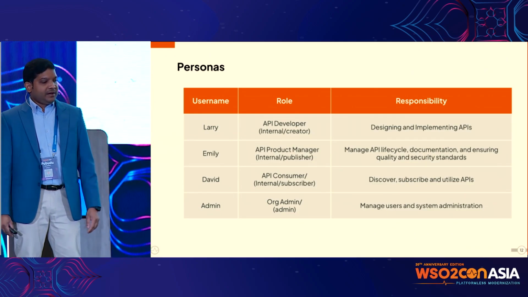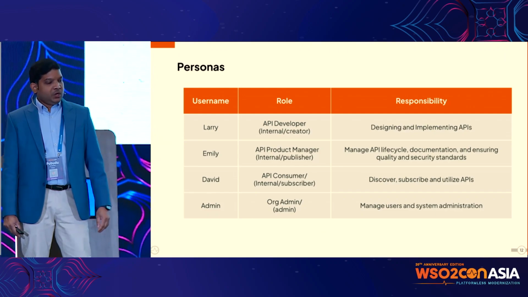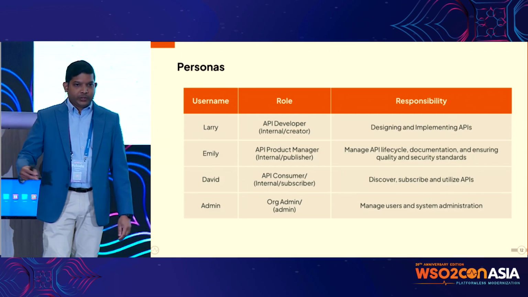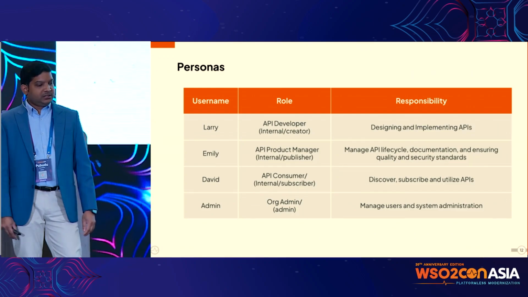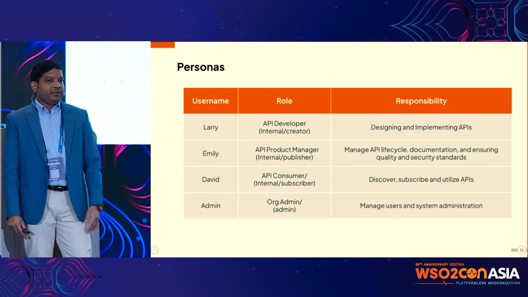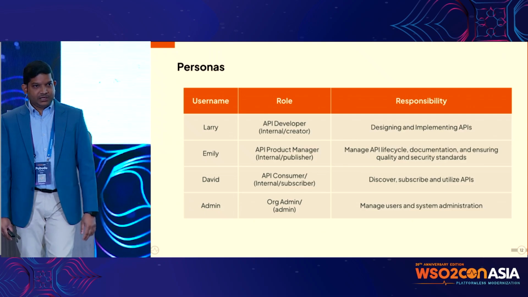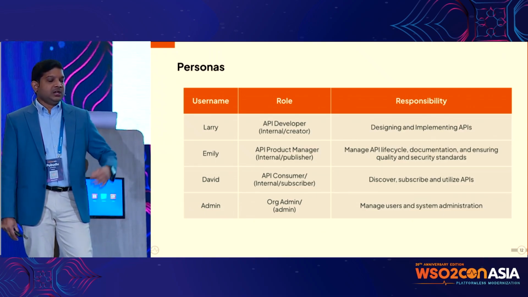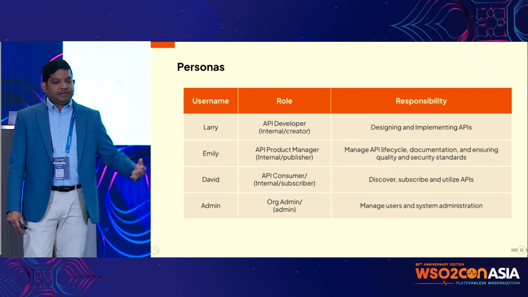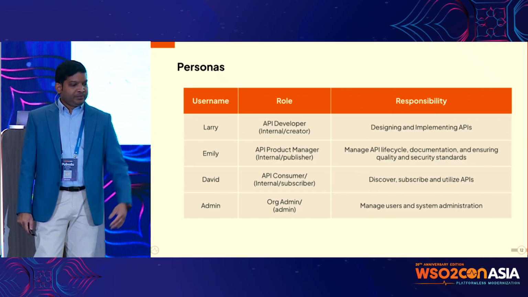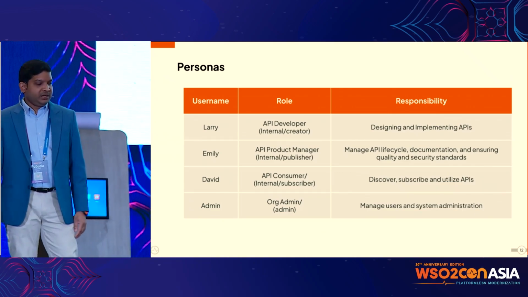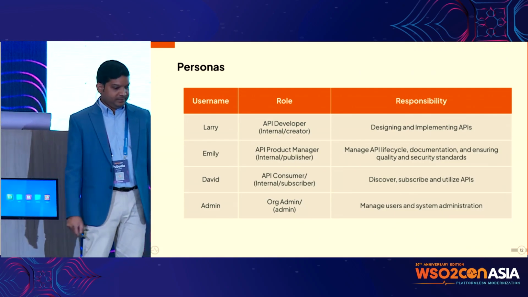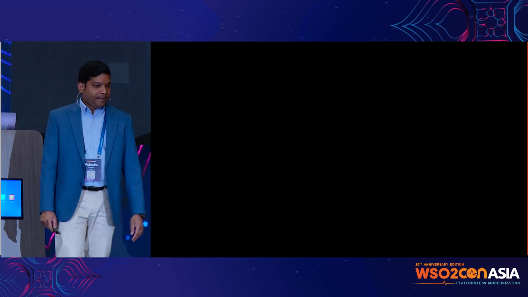And then we have the API product manager, who manages the API lifecycle, documentation, and ensures quality and security standards. Then the API consumer, which is the application developer, who wants to consume these APIs, who comes and discovers the APIs from the developer portal. And then finally we have the admin, who does the user management and system administration.